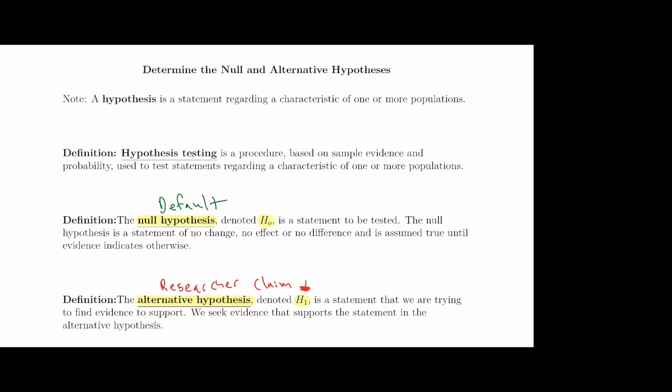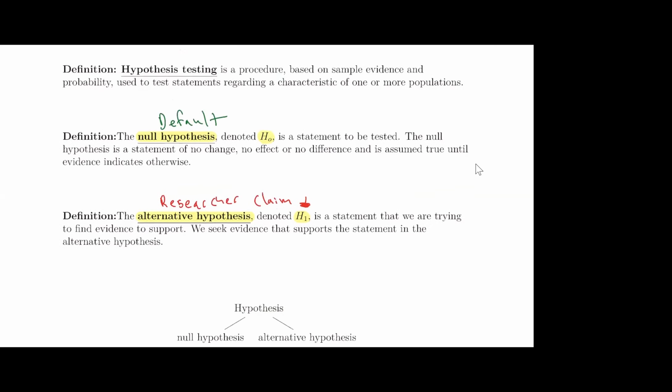You do want to know the symbols for the null and alternate hypotheses, because you are going to have to write many hypotheses for this chapter and the rest of the chapters. All right, everybody good on the null hypothesis and the alternate hypothesis? All right, sweet. Let's scroll on down.